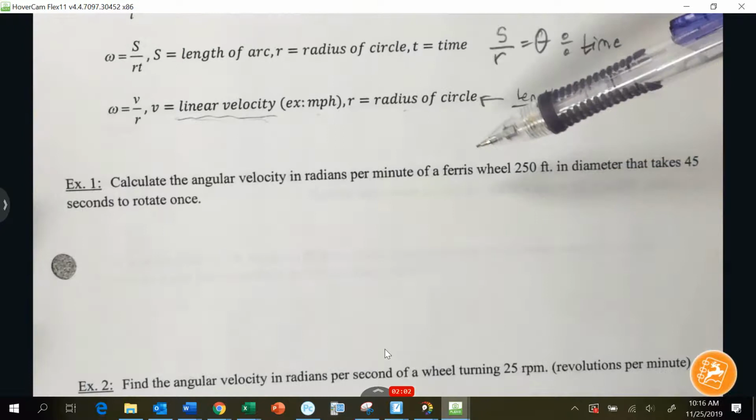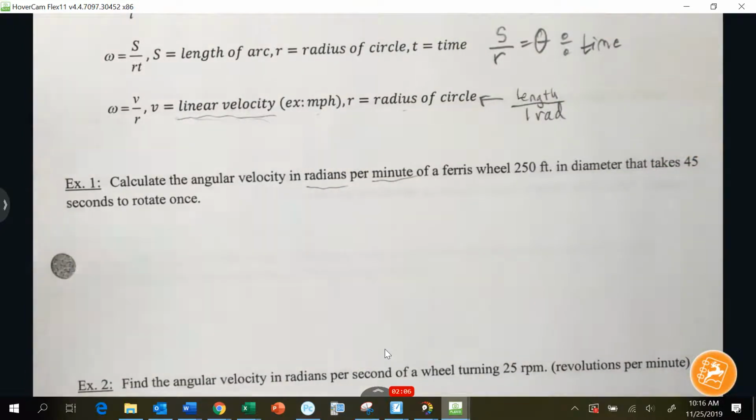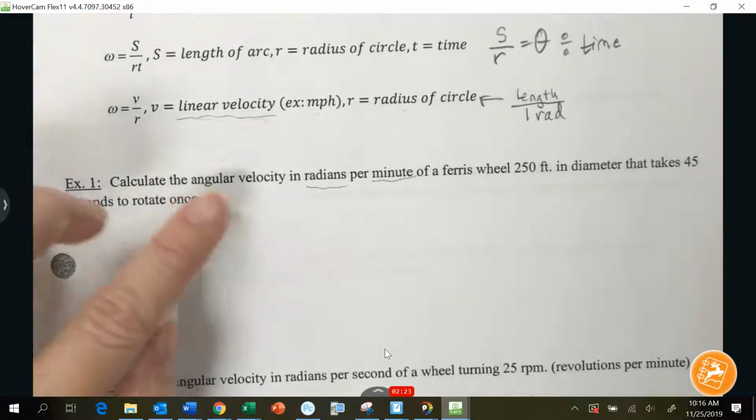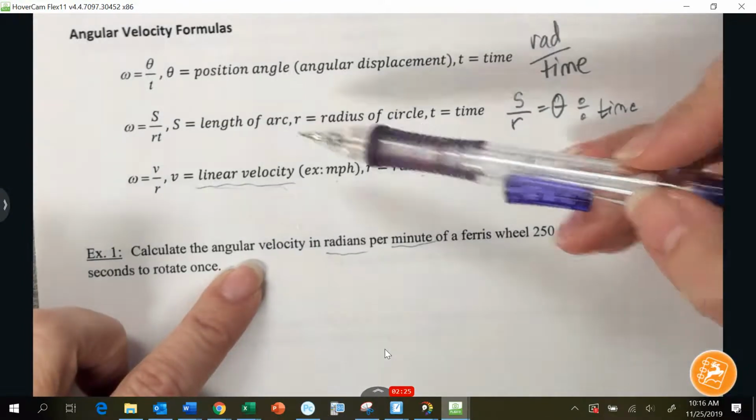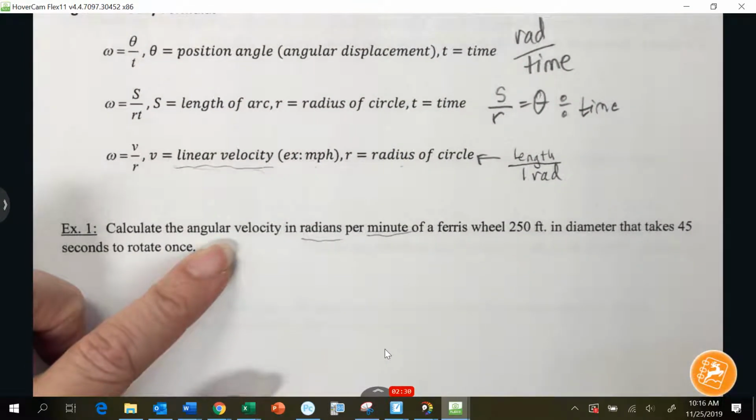Calculate the angular velocity in radians per minute of a Ferris wheel, 250 feet in diameter, that takes 45 seconds to rotate once. I might start by looking at, what am I asked to find? Angular velocity. So I'm going to be using one of these. Then what else do I know?